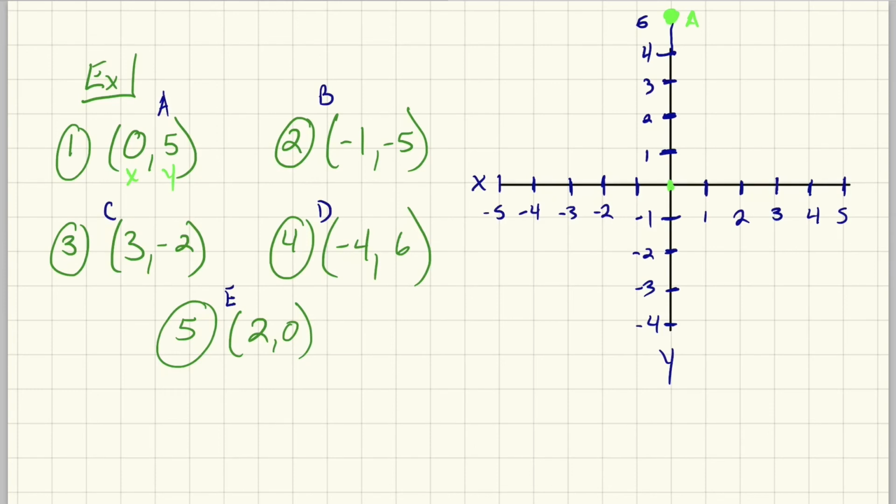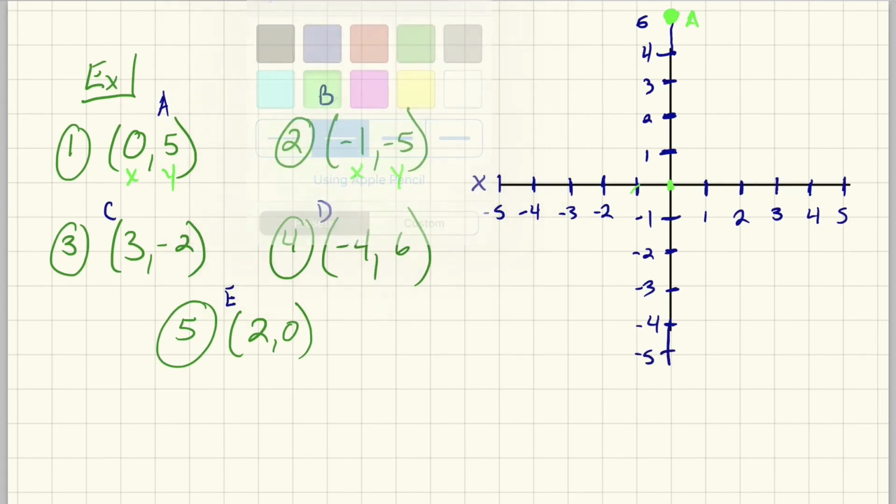All right, moving on to 2. Number 2, remember, -1 is where we're going on our x, and then -5 is where we're going with the y. So we start, and with the x, we move over 1 spot to -1, and then we go down 5 spots following the y-axis, so down 1, 2, 3, 4, and again, we're going to have to extend that graph a little bit more.